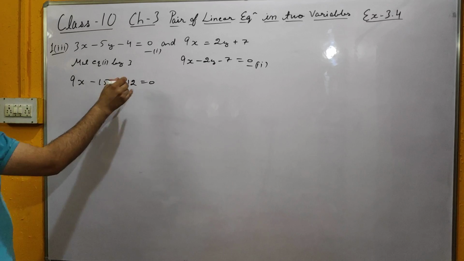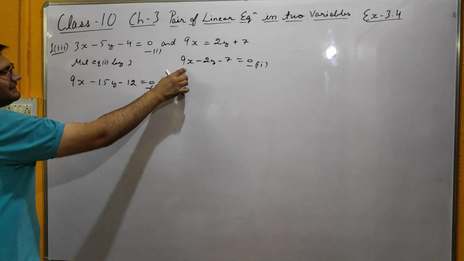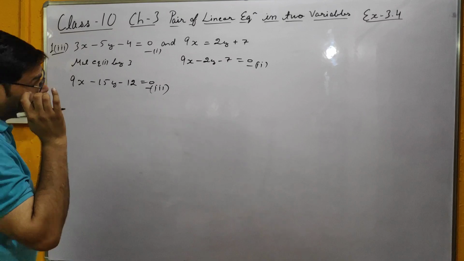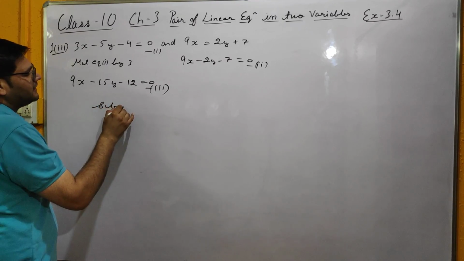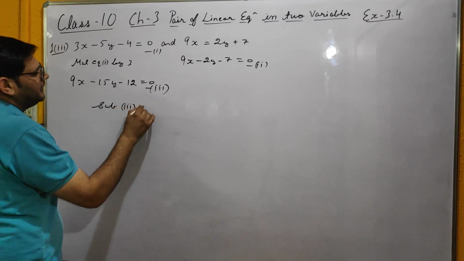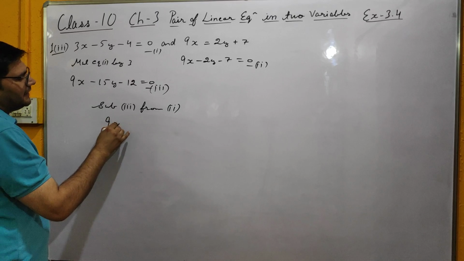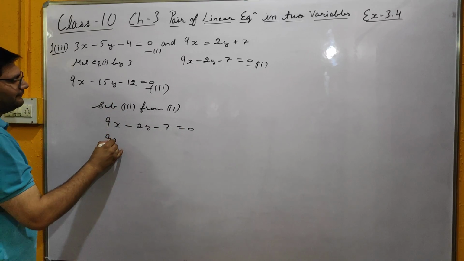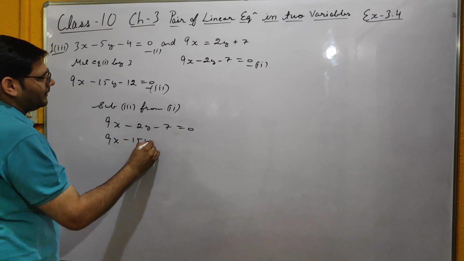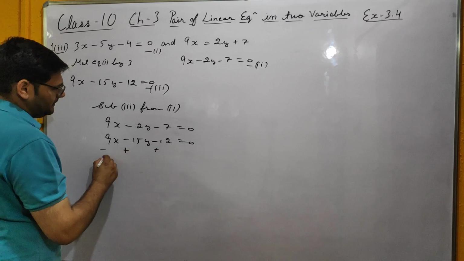Okay, so this is our equation number 3. Now you can see 9x, 9x, they are the same. Now we can subtract them. Subtract 3 from 2. So this is our second equation. Now we will subtract this one. If you are subtracting, then the signs will be changed.